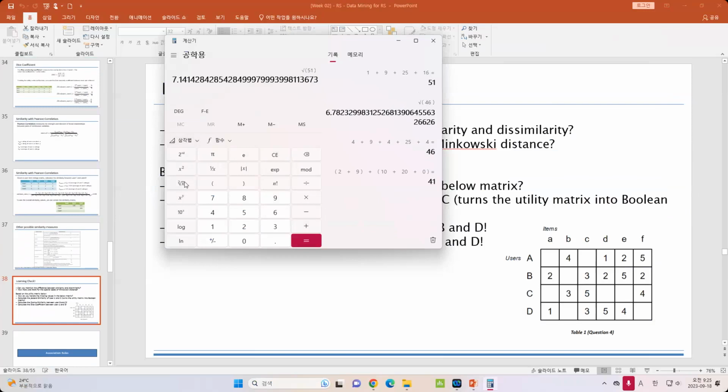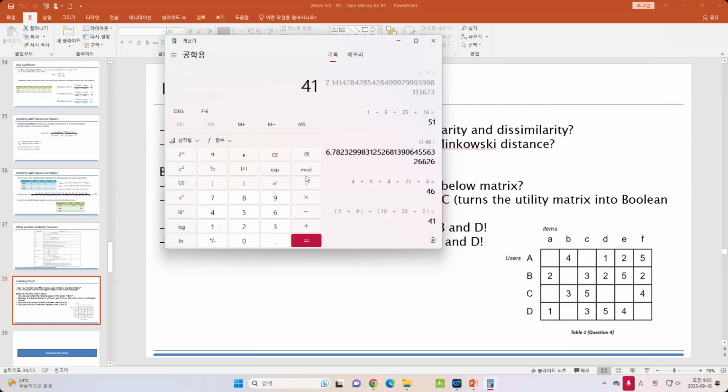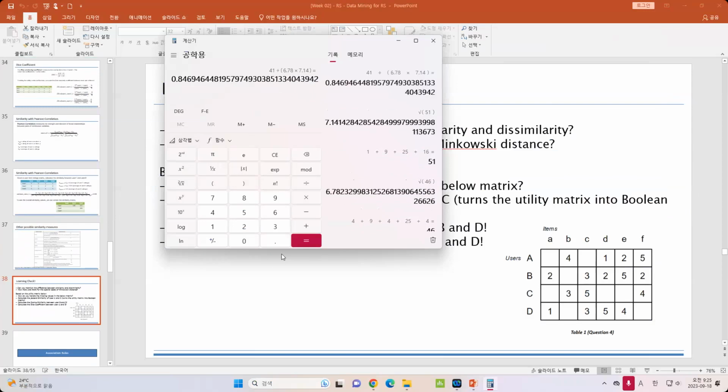Then we can just do the calculation from here. 41 divided by 6.78 multiplied by 7.14. So the result is 0.84 something.